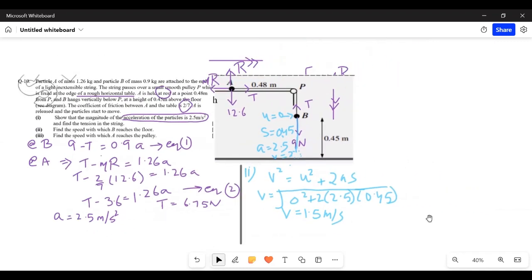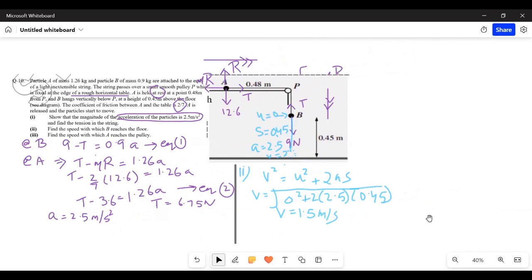Next is find the speed with which A reaches the pulley. A common mistake students make here is they look at this part of the journey and say that U is 0, which is right, because initially A was at rest.